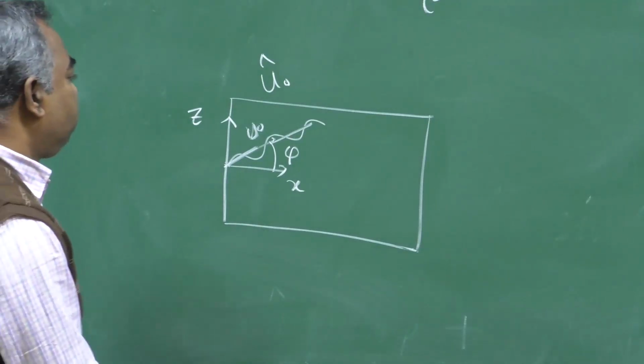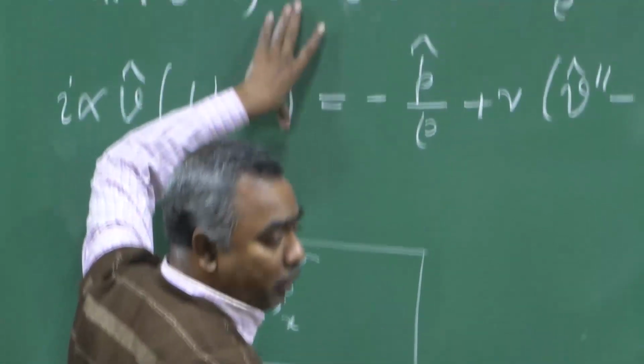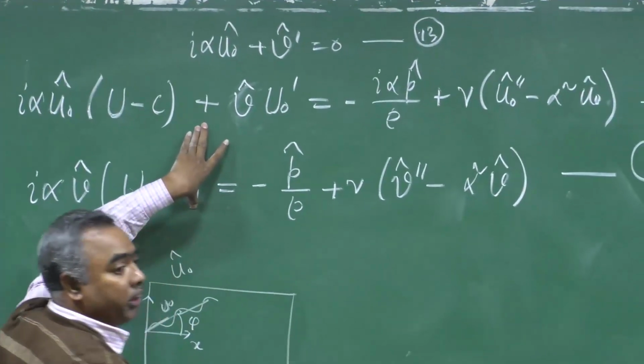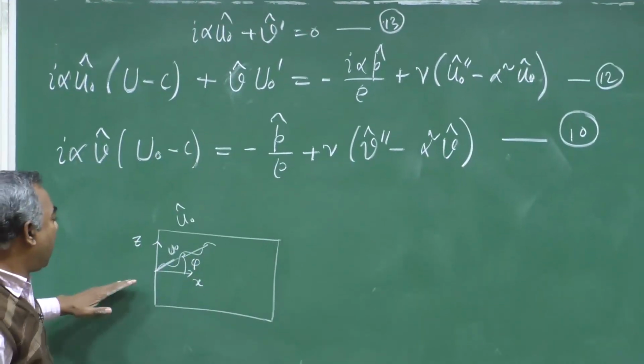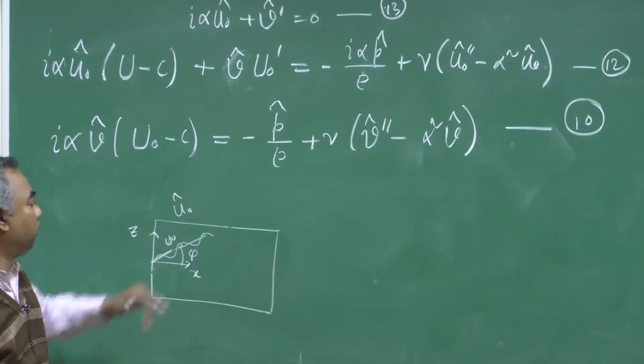So, that means this is the equivalent two dimensional equations or disturbance equation along the wave vector direction.